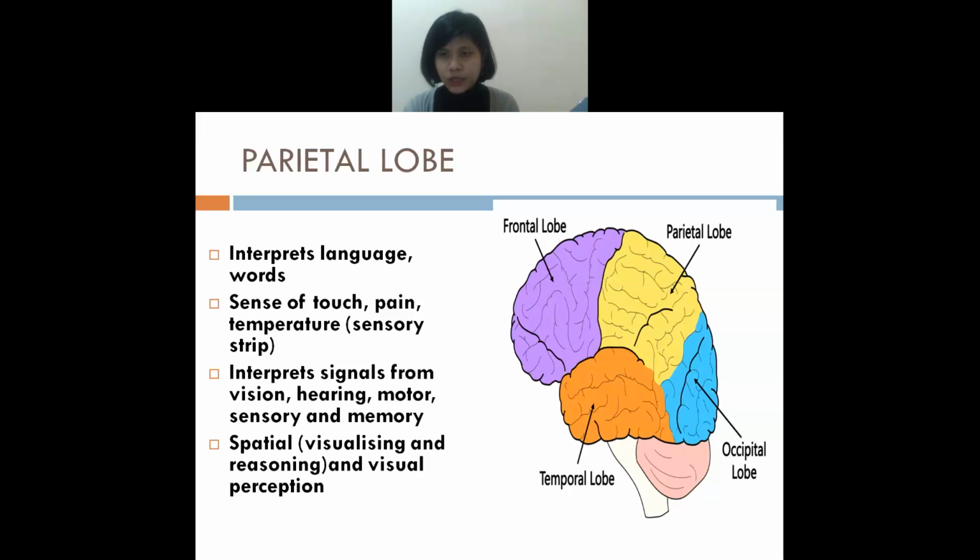Whatever you have already learned, whatever language you are able to understand, the brain will interpret and translate it, but not a foreign language. So interprets language means it will translate it so that you will be able to understand the language. That is the first point.